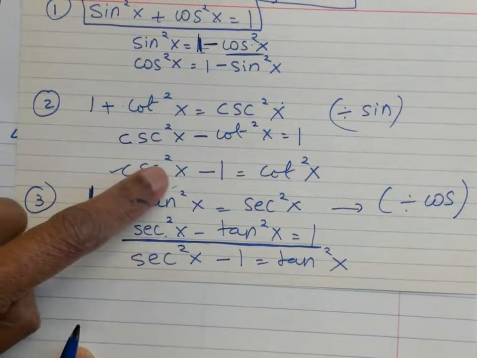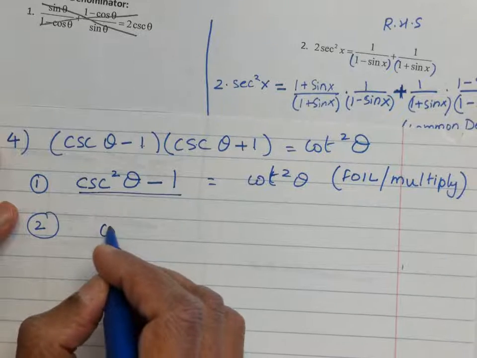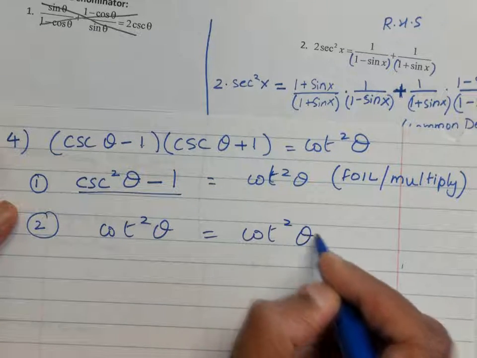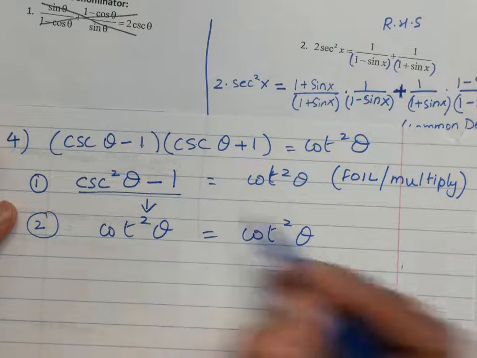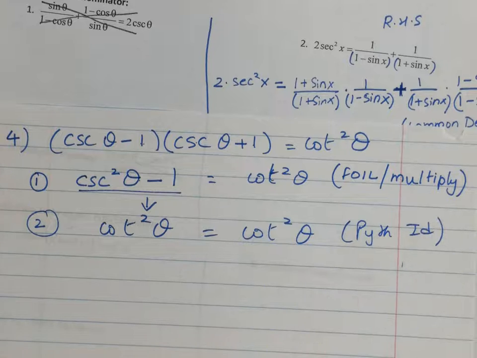So I see that cosecant square minus 1 is cotangent square. So this can be replaced with cotangent square theta, and I've solved it.